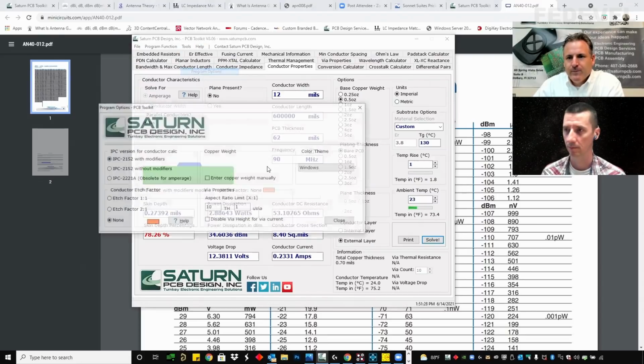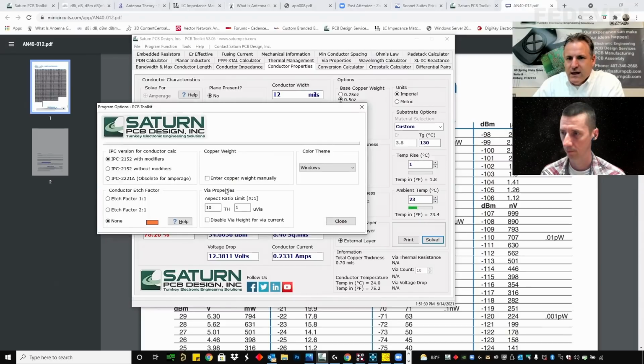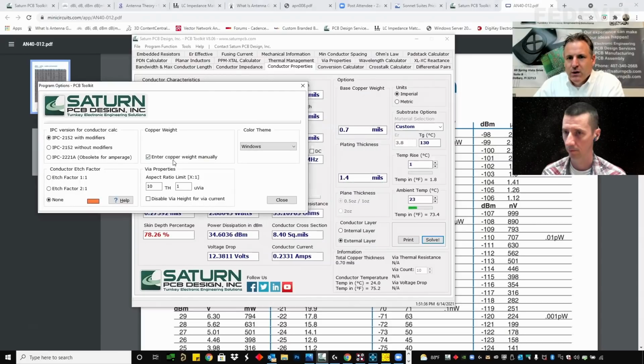But obviously the IPC's copper weight, you can enter copper weight manually because some people, I'm old school. To me, copper will always be 1.4 or 0.7. I know that it's 0.635 and 1.35. Some people are sticklers about that, so you're welcome to enter that manually if you like.